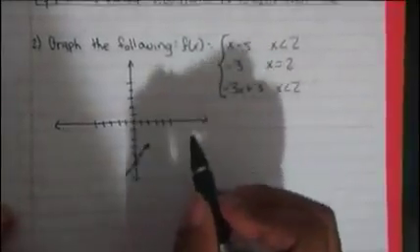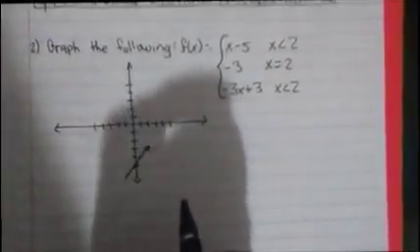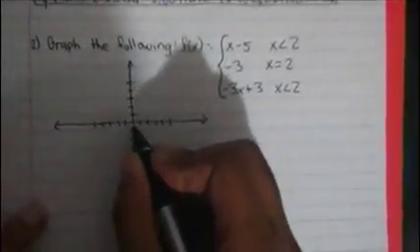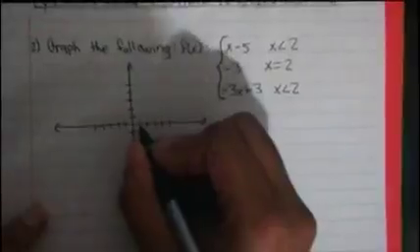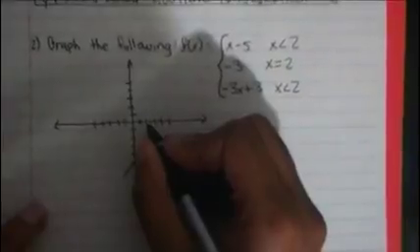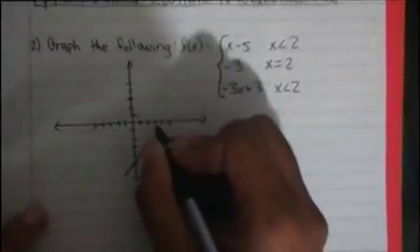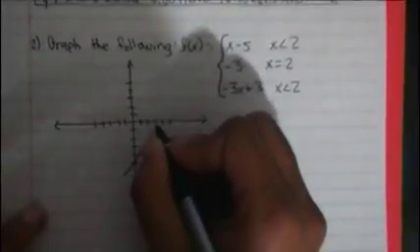And then the next one, negative 3x plus 3, and x is greater than 2. So, okay. At 0, it would be positive 3. 1 would be 0. At 2, it would be negative 3. At 3, it would be negative 3 times 3, negative 9 plus 3, negative 6.